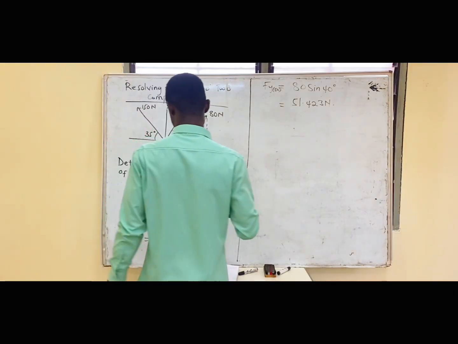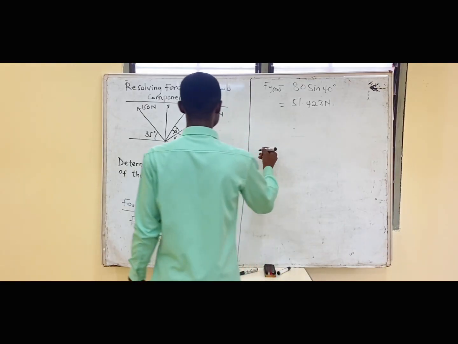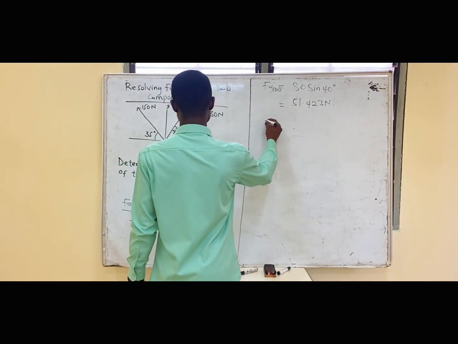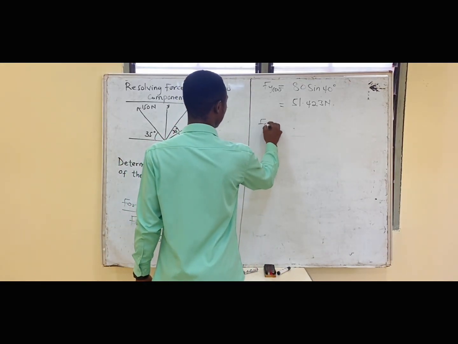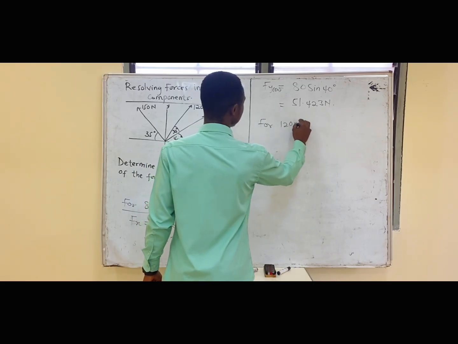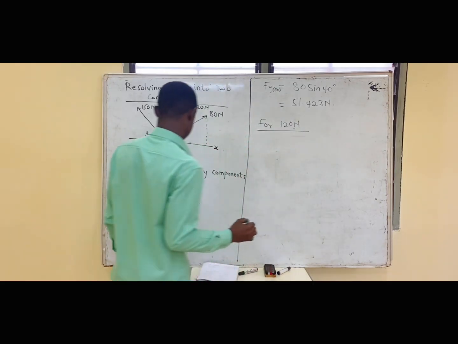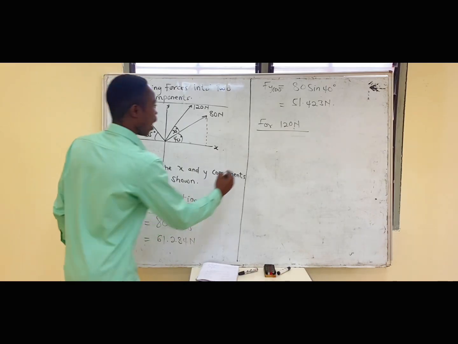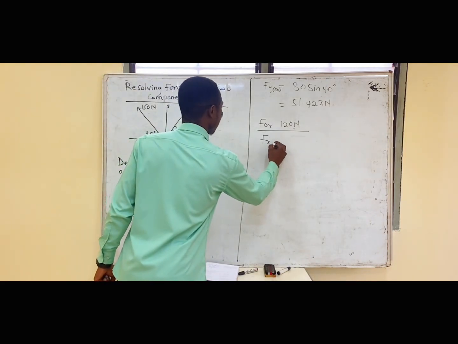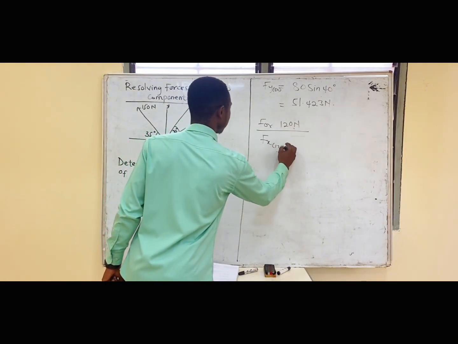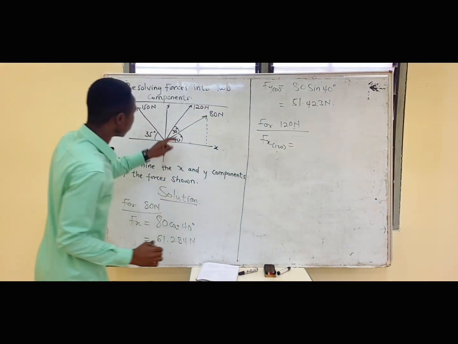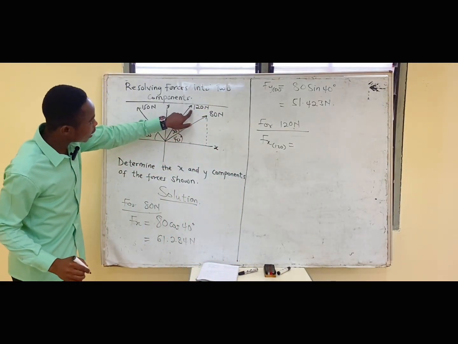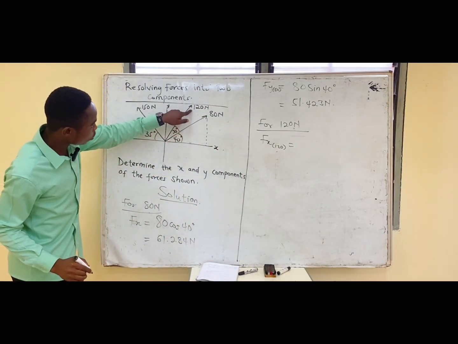Thank you. Now, let's quickly move on to the 120 Newton force. So with the 120 Newton force, we have our Fx, that's the X component for the 120 Newton, be equal to, since we have the 120 line in the first quadrant.